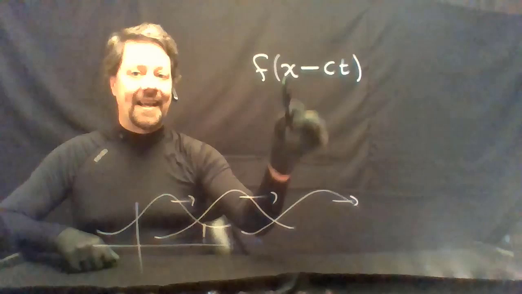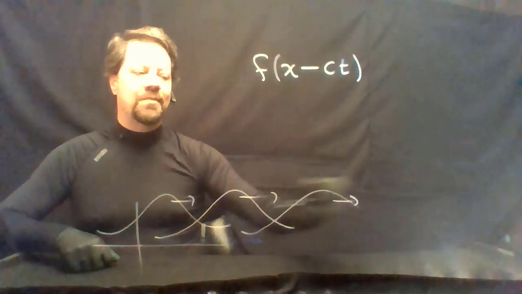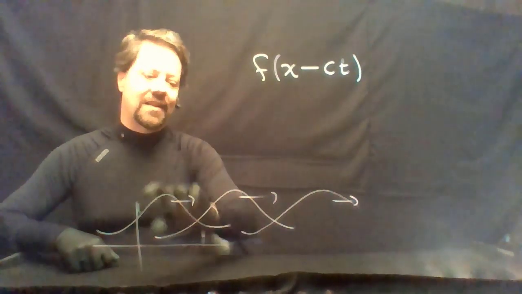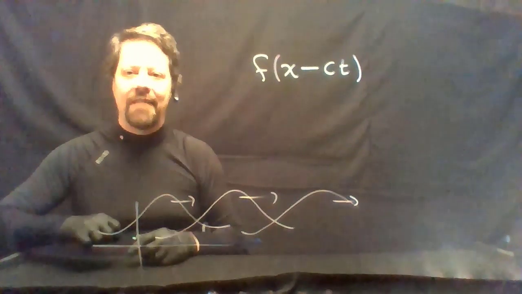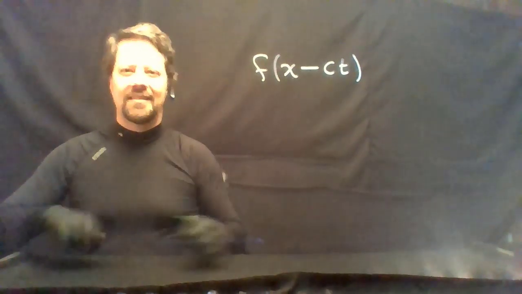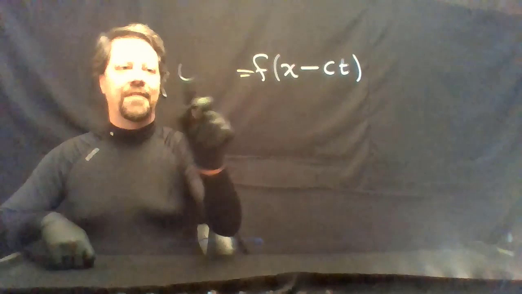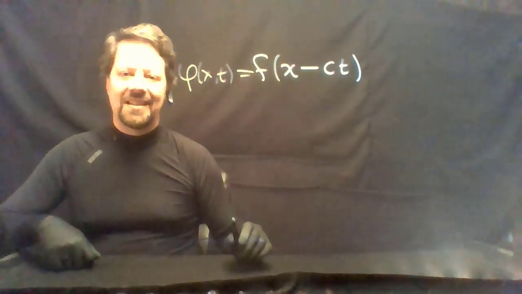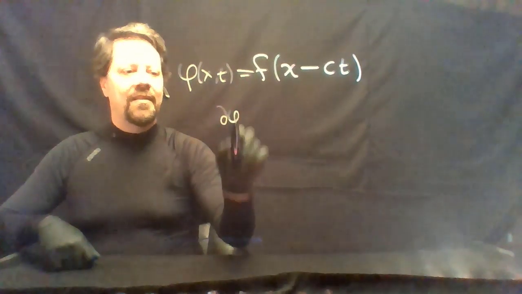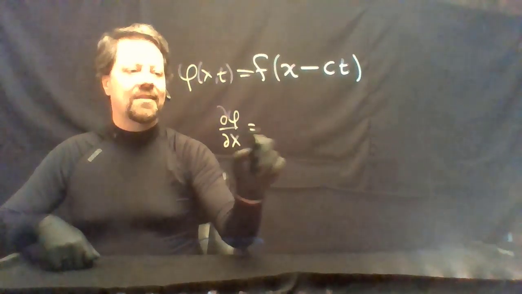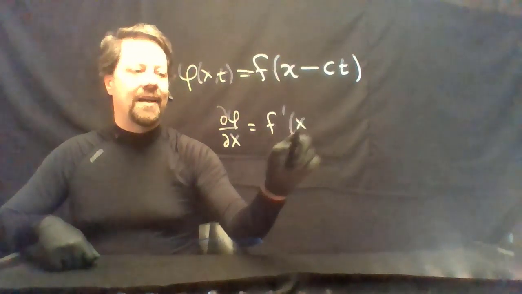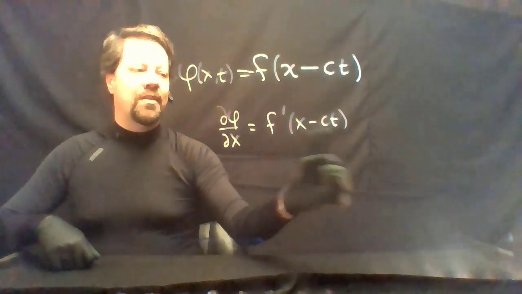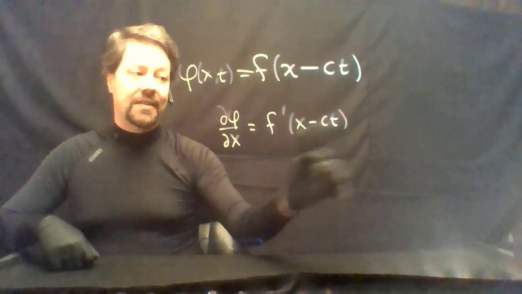By evaluating at x minus ct, it gives me a smooth, constant velocity translation of that wave, whatever it is. I'm going to suppose that my function phi, a function of x and t, is expressible in exactly this form. The derivative of phi with respect to x will be just f prime evaluated at x minus ct. The derivative of the inside function with respect to x is merely 1.